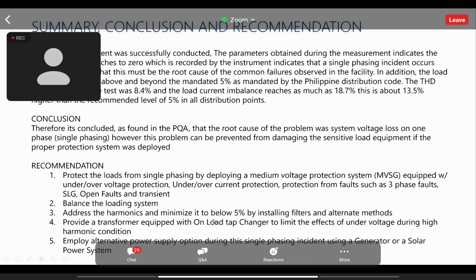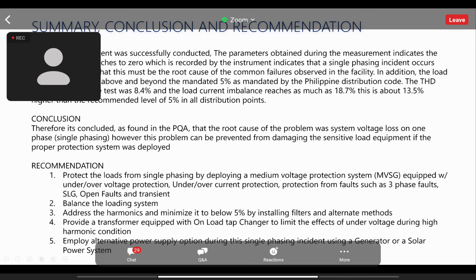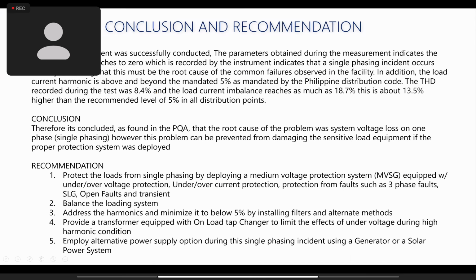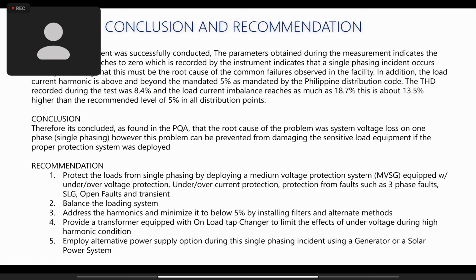Now, in general, as a conclusion to this report, in order for us to analyze or assess our power system quality, we need to have equipment that is capable of measuring the parameters of our system that will provide us the ample information on how to address those issues na na-observe natin occurring in our system.